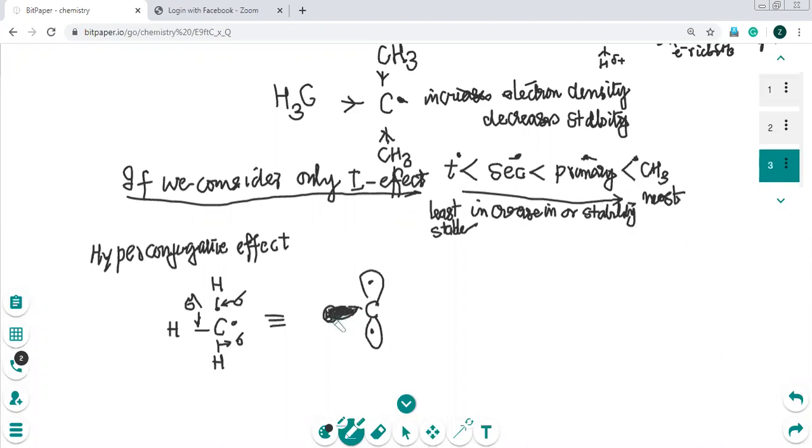Because it is pointing towards you. Now you have one orbital here. This is in the plane. I will draw it like this in the plane. Okay, and now you have one orbital behind this. I will put it in a dotted line.